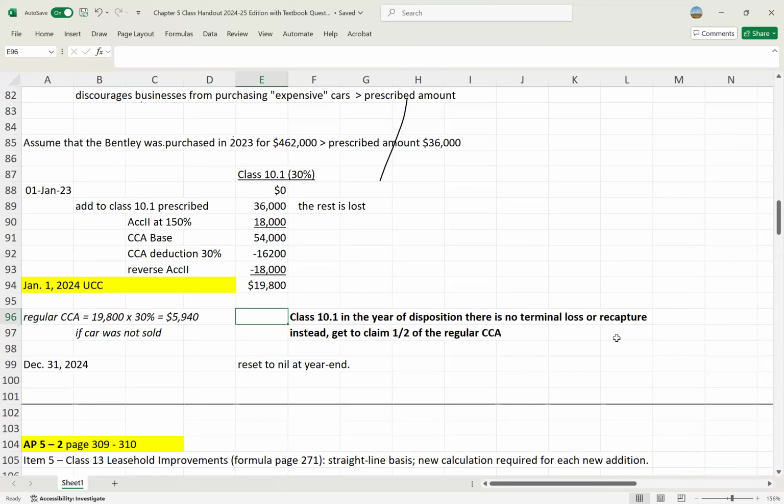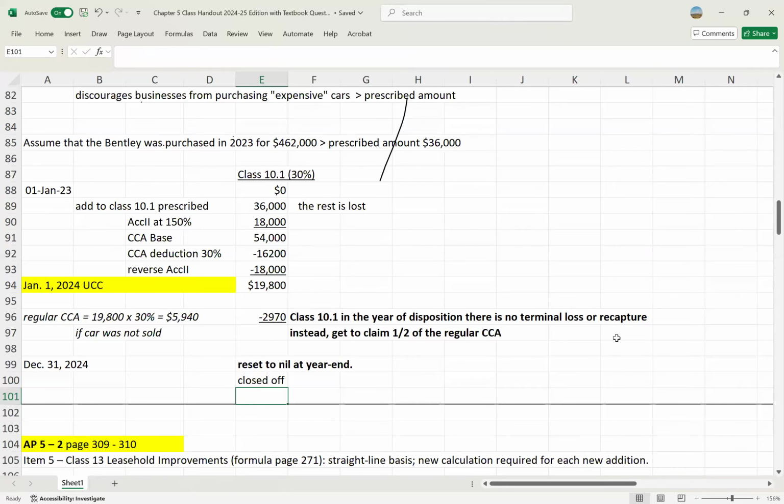So the regular CCA would have been 5,940, so all we get to do is basically take half of that, 5,940 times 0.5. And so we get to deduct 2,970. And then because there's only the one asset in this class 10.1, this class will just reset to nil at the end of the year, and then it will just be closed off.